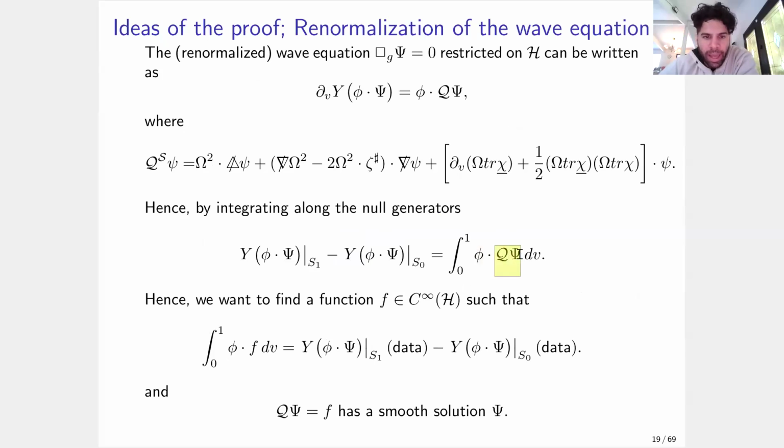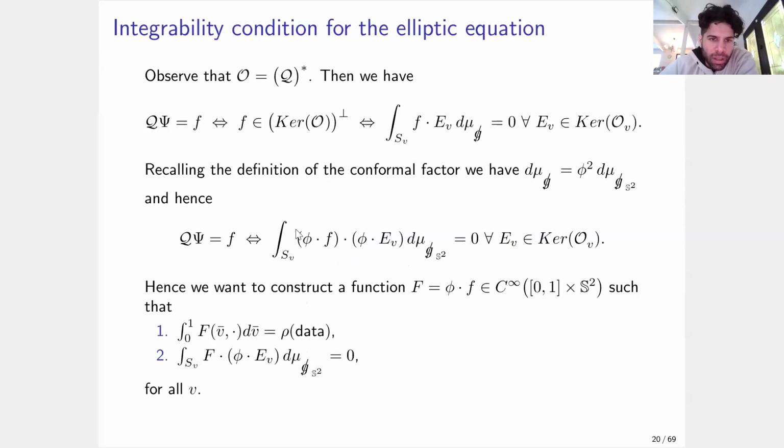And I want this guy to be f, right? So phi f is this guy. So I want, when I integrate this over v, to know what the value is. And moreover, when I integrate this guy against this rescaled version of your kernel over the round sphere, over each section, I want it to be 0.